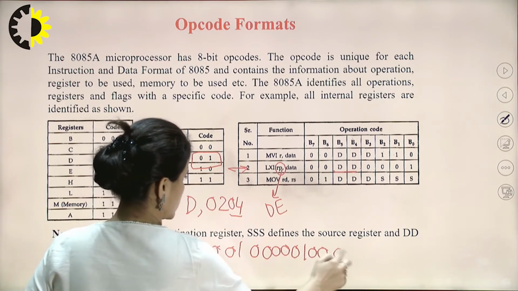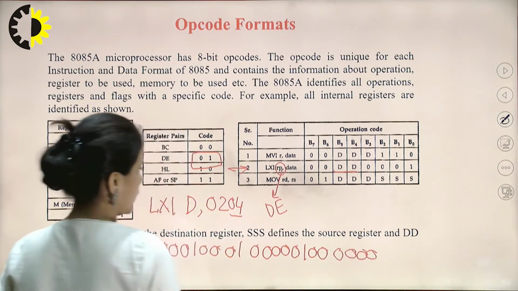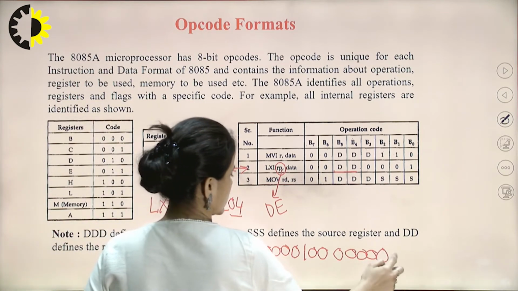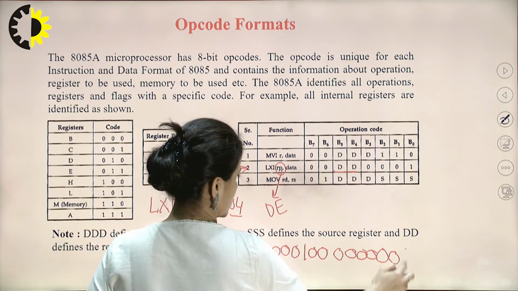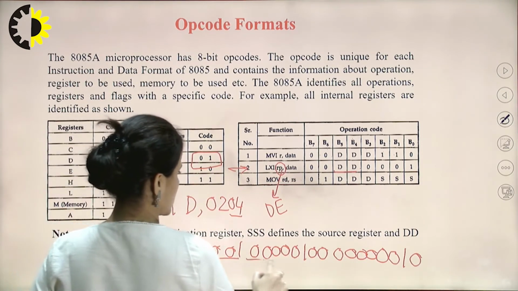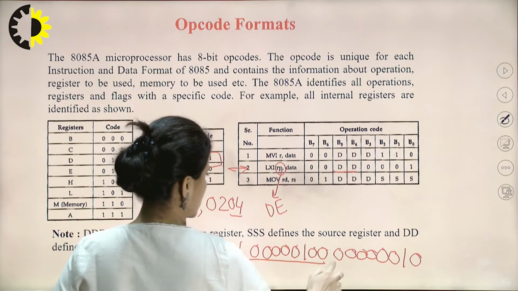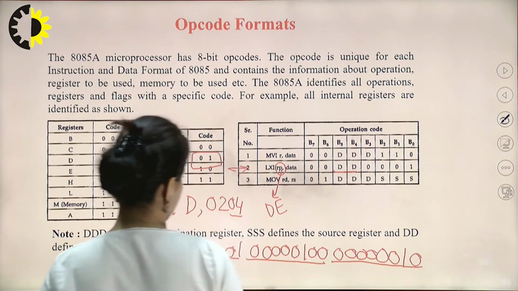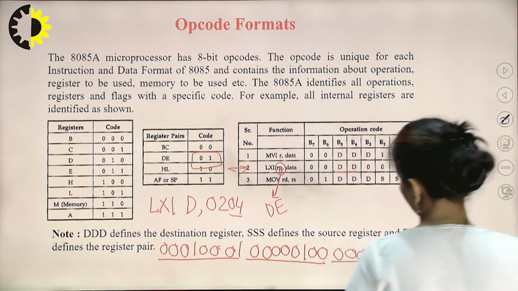Third byte, higher order byte 02, 0 0 0 0 0 0 1 0. So this is the first byte, this is the second byte, this is the third byte. So this is a 3 byte instruction.